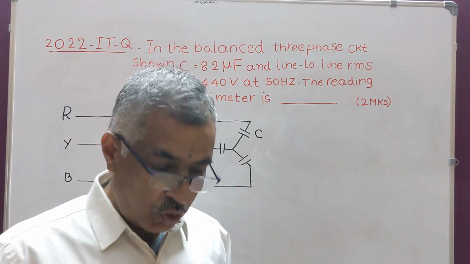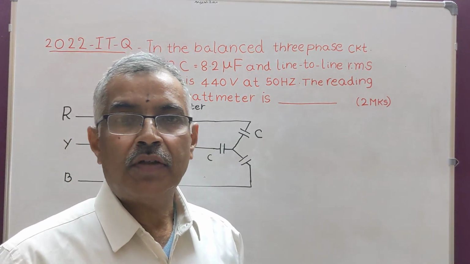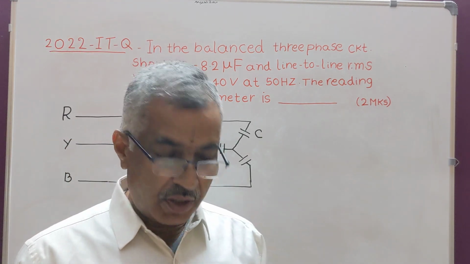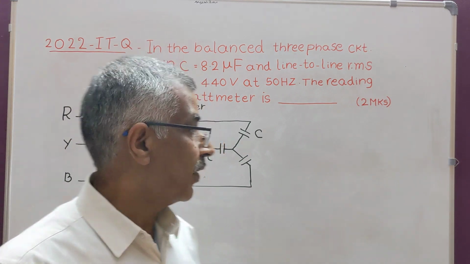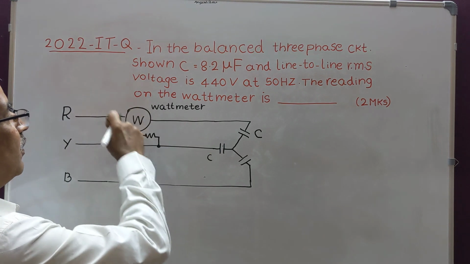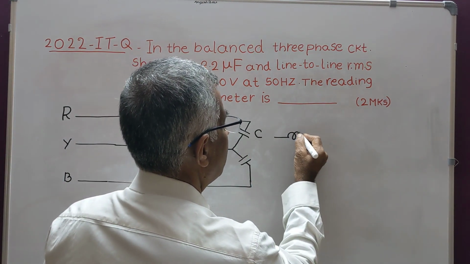Now you are supposed to know the basics of wattmeter. As you know, you have studied in first year, first semester or in second semester, wattmeters, dynamometer type wattmeter. So a wattmeter is represented here in the form of a circle. Now wattmeter is equivalent to this circuit.